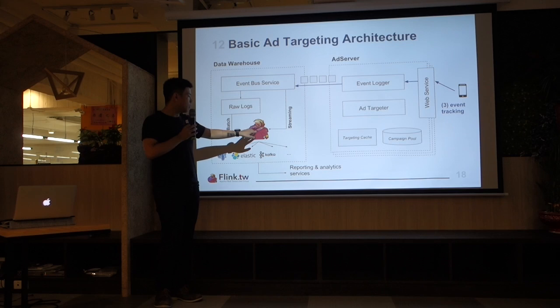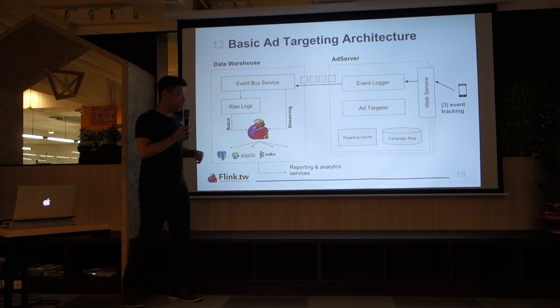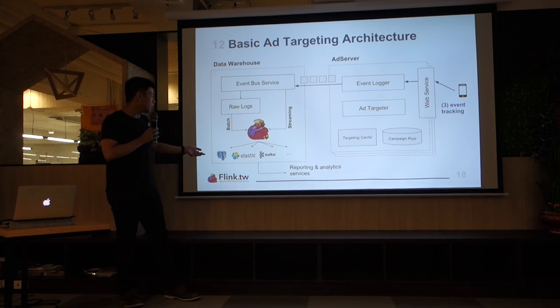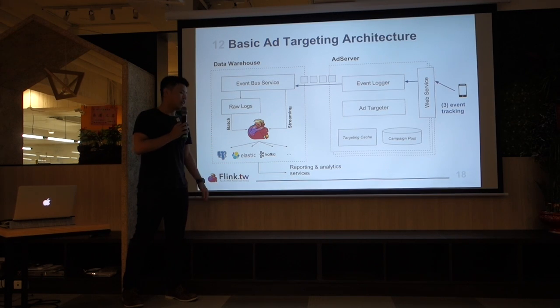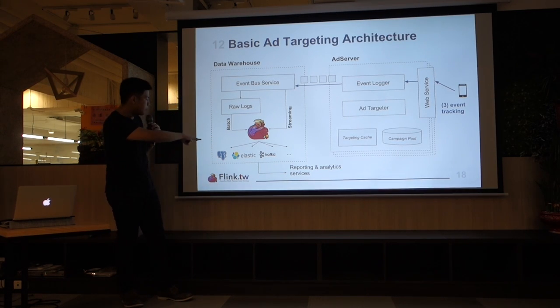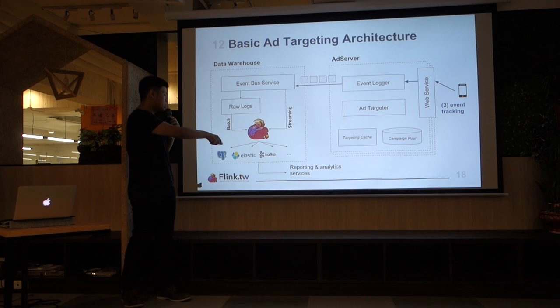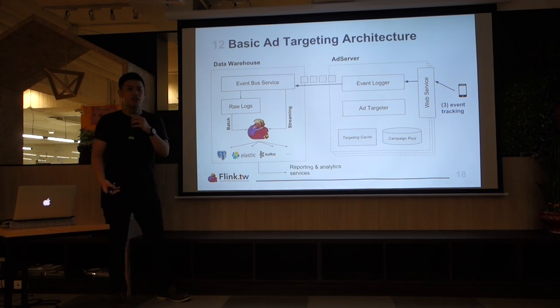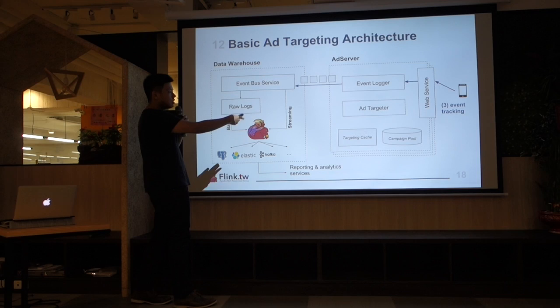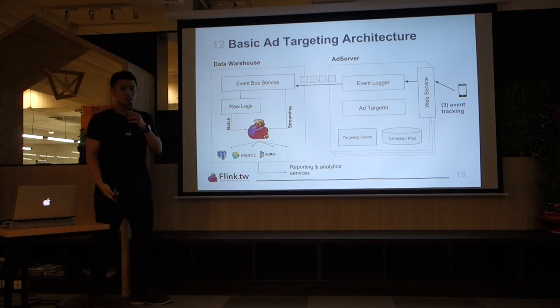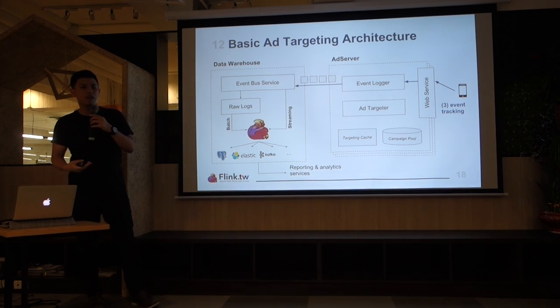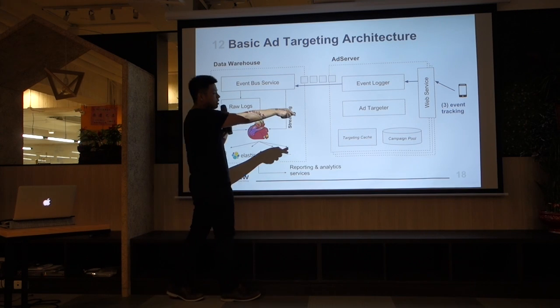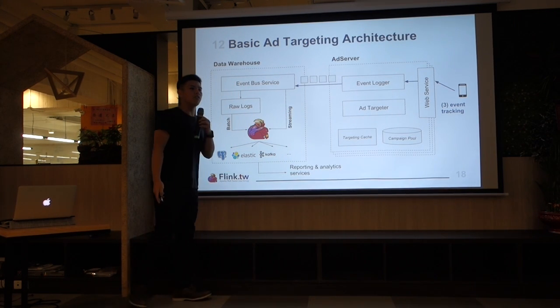But right now, from this architecture, what Flink is actually doing is kind of doing ETL into endpoints, and endpoints provide the reporting analytics services. But this is how basic targeting can be done, because like I said, our targeting here does not need any historical event.